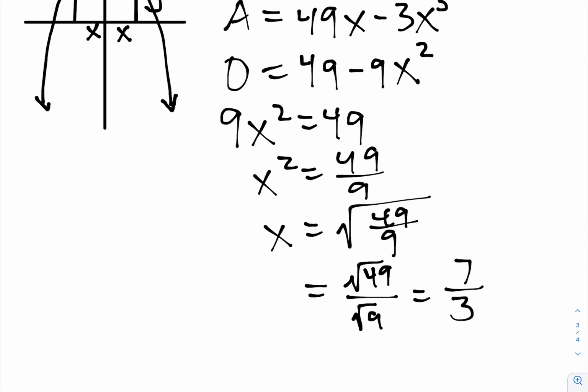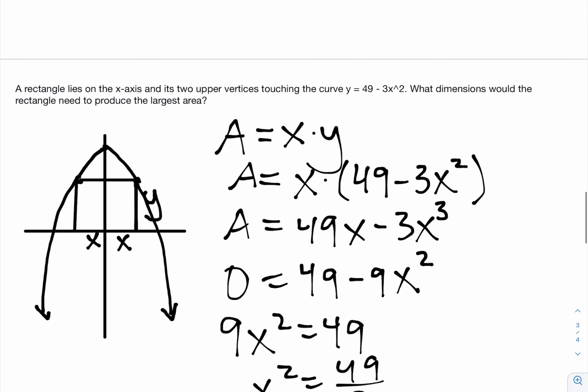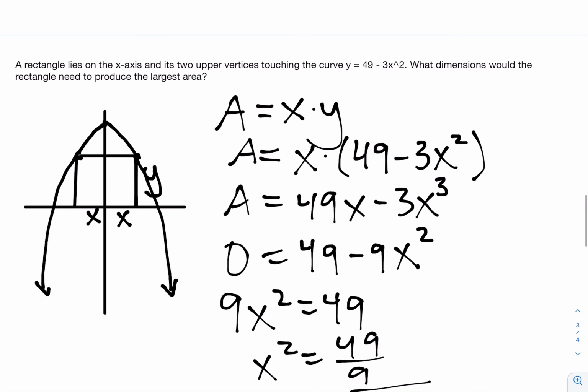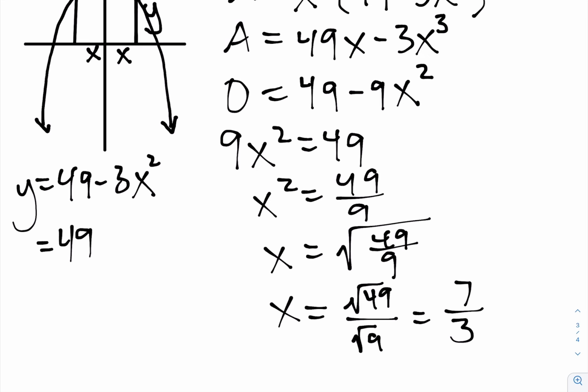Okay, so now that we have that, that's what our x is going to be. If we want to find the height of this function when x is 7 over 3, all we do is plug in 7 over 3 where we see x in this equation. So we know our y is 49 minus 3x squared. Plugging in 7 over 3 for x, we get 49 minus 3 times 7 over 3 squared.